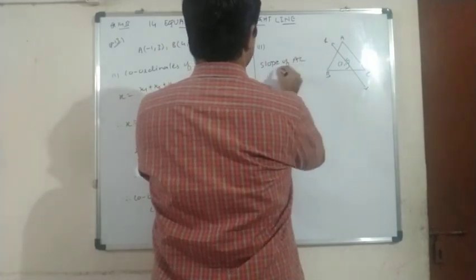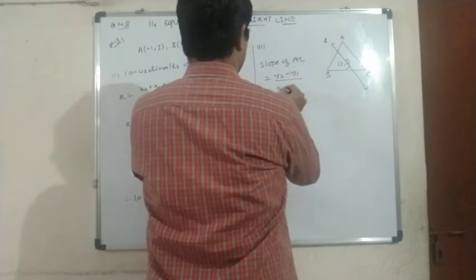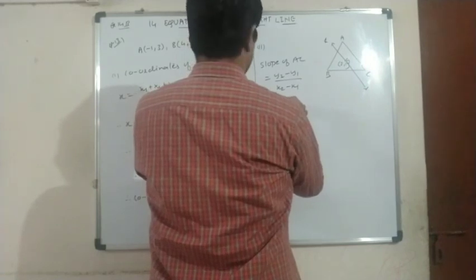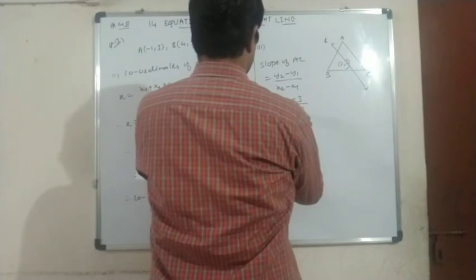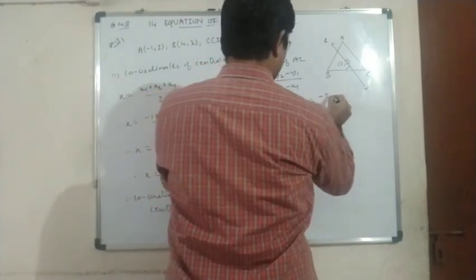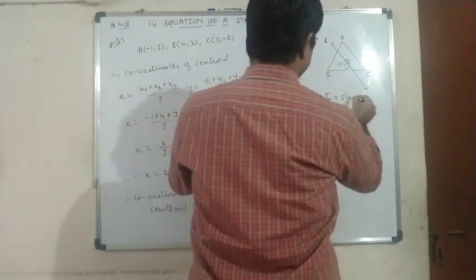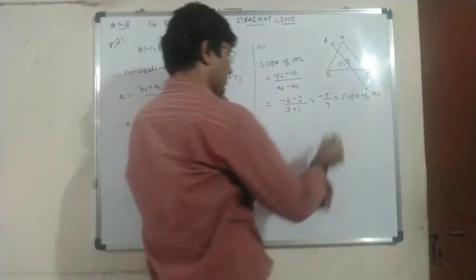Slope of AC, we will find out y2 minus y1 upon x2 minus x1. So y2 minus, 2 minus 3 upon x2, that is 3 plus 1, so minus 5 upon 4. Okay, this is slope of AC we got. Clear? Slope of AC.